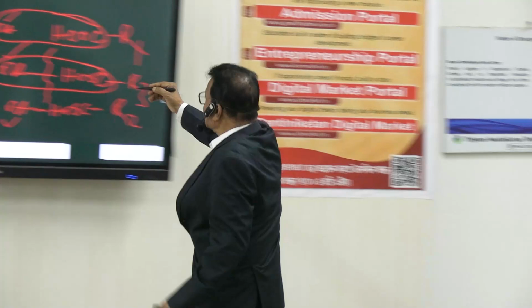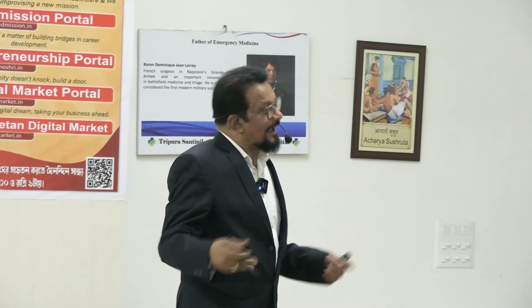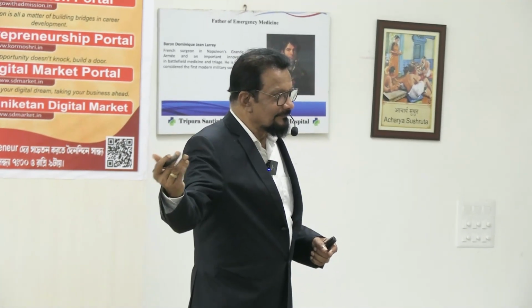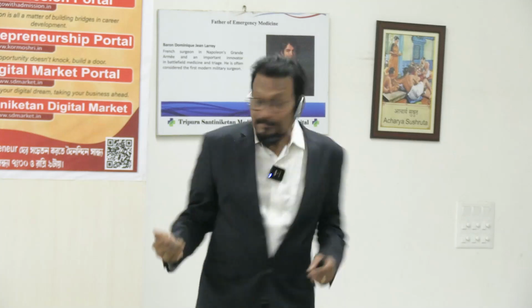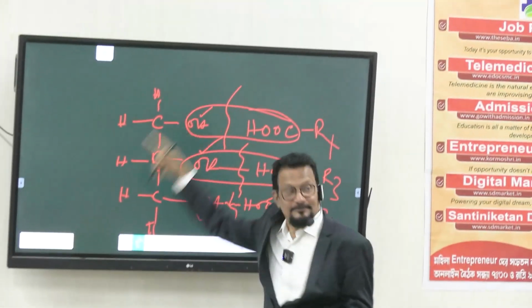If another bond is hydrolyzed, I will get monoglyceride and one molecule of fatty acid. If I break this too, I will get glycerol and another molecule of fatty acid. Understood? Clear?